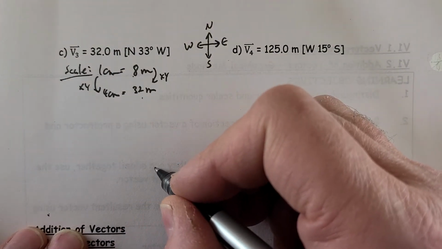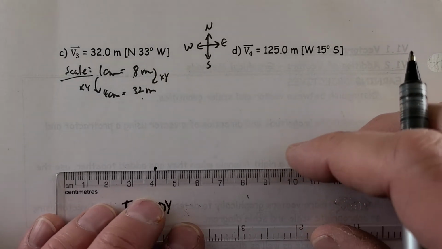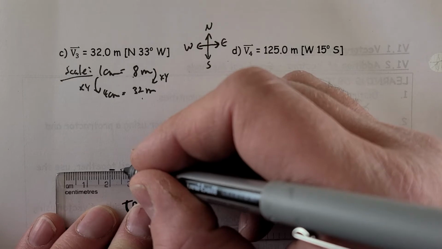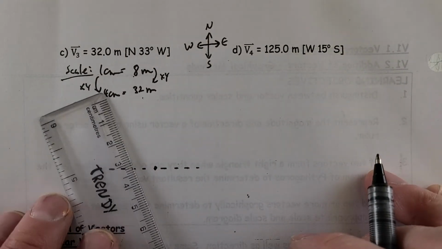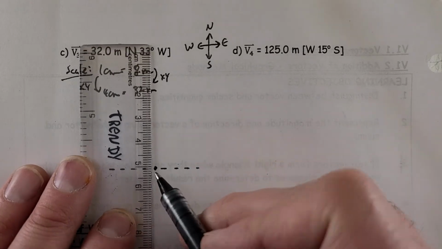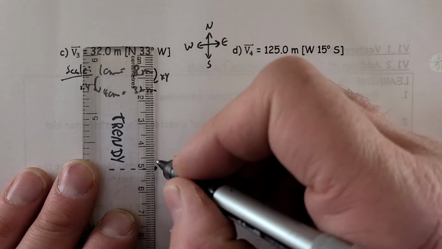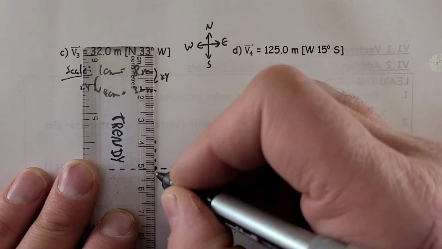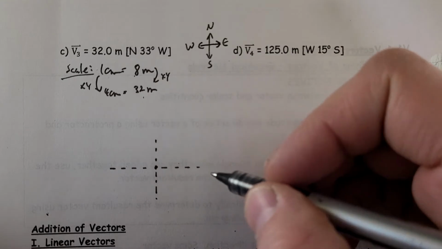I'll likely start somewhere over here, and then right there I'll make my little Cartesian coordinate system. So my horizontal line, and then you can sneakily make the perpendicular line. If you take one of the lines on the ruler and line it up, you'll automatically have a 90-degree angle there, and we have our quadrants 1, 2, 3, 4.